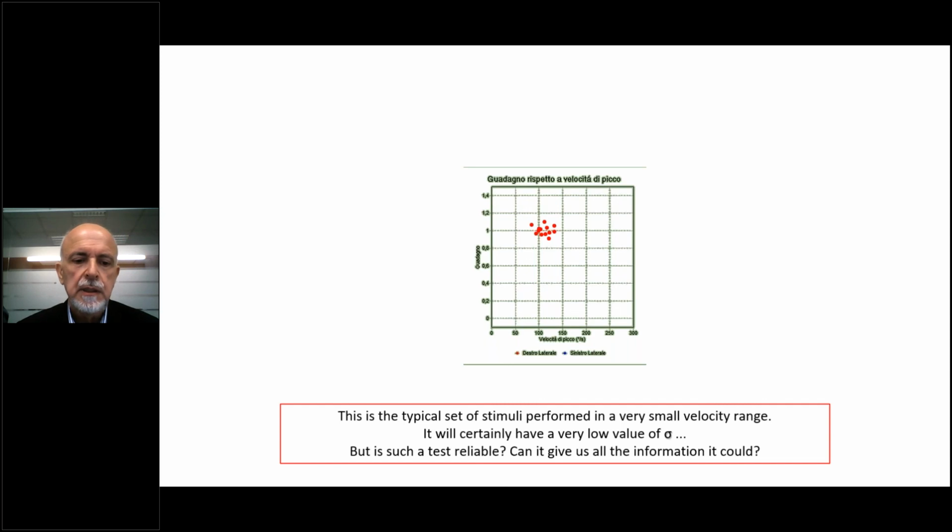So this is a typical set of stimuli performed in a very small velocity range. It will certainly have a very low value of sigma, but is such a test reliable? Can it give us all the information it could?